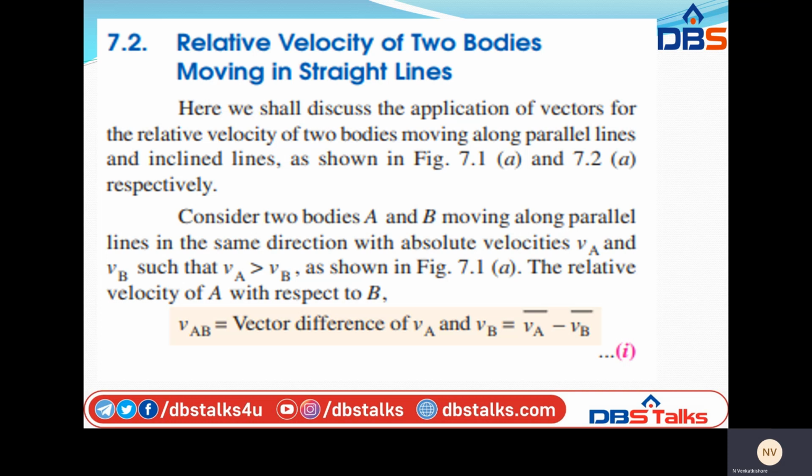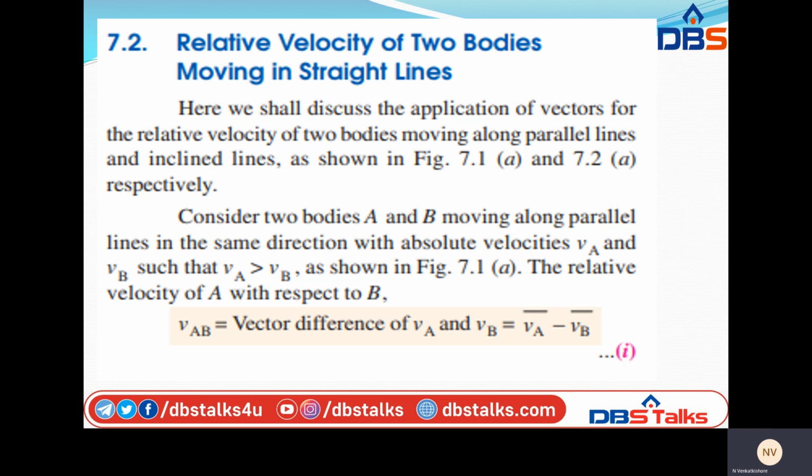Firstly, consider two bodies A and B which are moving along parallel lines in the same direction with absolute velocities Va and Vb such that Va is greater than Vb.